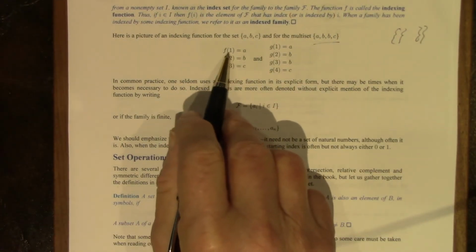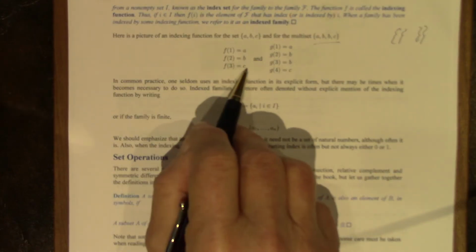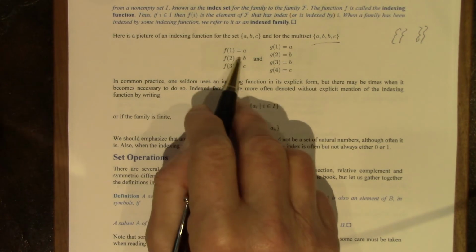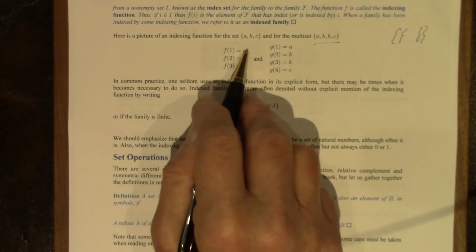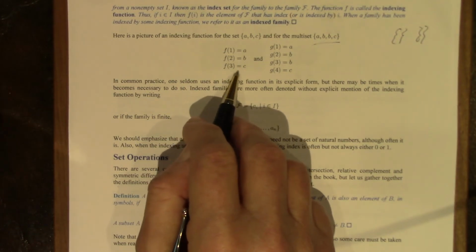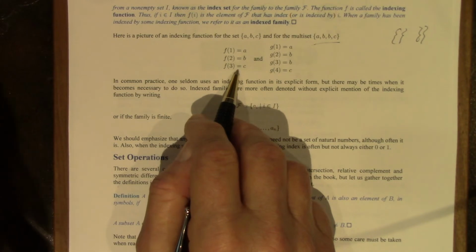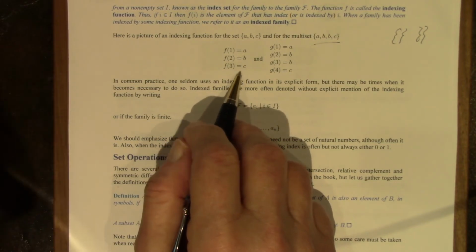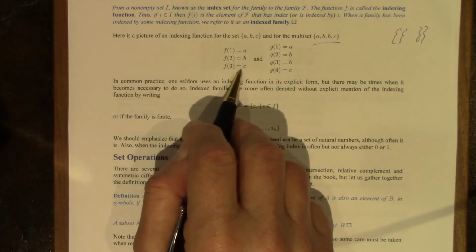So f maps 1 to A, 2 to B, 3 to C. Could have done it differently. Could have mapped 1 to B and 2 to C and 3 to A. It's a different indexing function. And it is, in a sense, a different indexed set. The underlying set is the same, but the indexing is different.